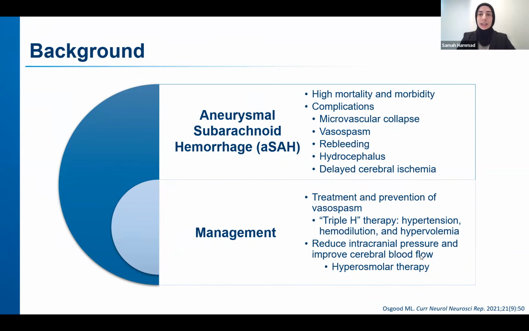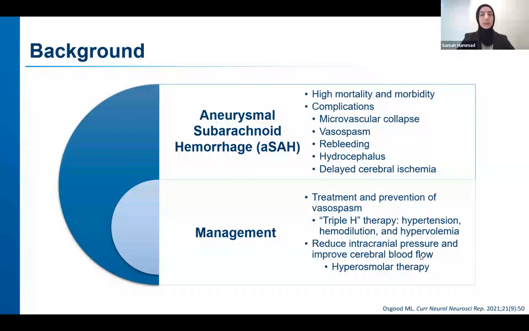What used to be known as Triple H therapy, which was hypertension, hemodilution, and hypervolemia, was used to maintain adequate cerebral perfusion. However, over the past few years, complications of this therapy have caused it to fall out of favor. These complications include pulmonary edema, myocardial infarction or cardiac ischemia, hyponatremia, which could even further worsen cerebral edema.